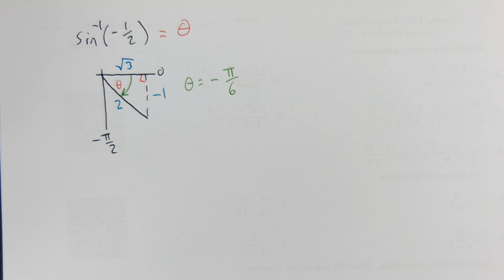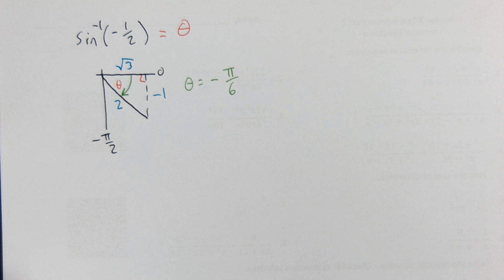But the moment you turn its graph on its side, it fails the vertical line test. So in order for sine inverse to be a function, we restrict the domain of our sine function, so that way when we turn it sideways, we pass the vertical line test. And all that will make more sense after we do graphing. But that's another reason why we restrict it the way we do.